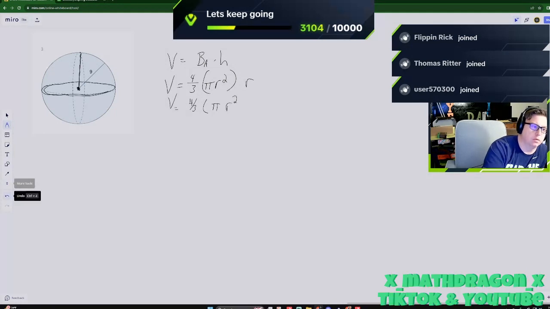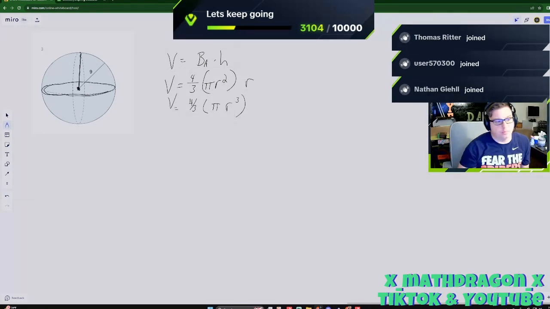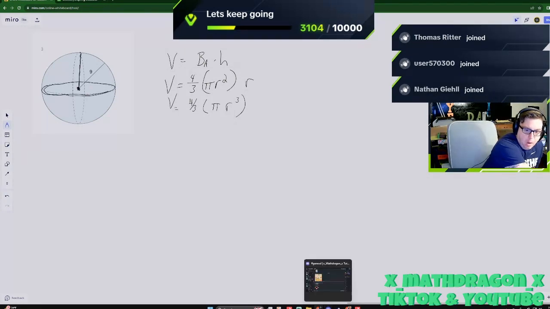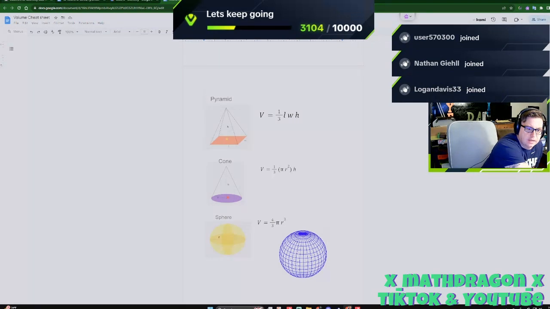Oops. Not squared. I need it cubed. So it's going to be 4/3 pi r cubed. I will tell you that if you take the SAT, ACT, any of those tests, they actually have a formula sheet for you, and you would see this formula. It's more about being able to utilize and use the formula than it is to memorize it or derive it.